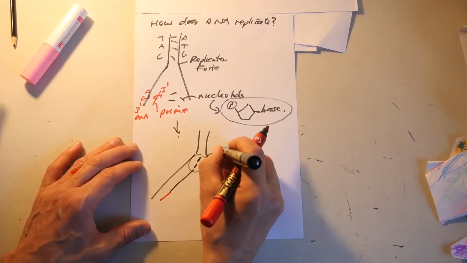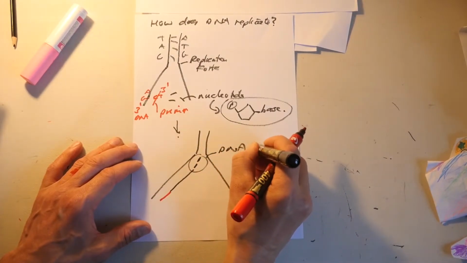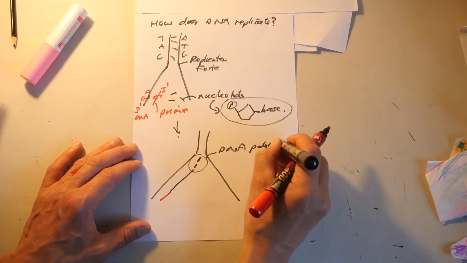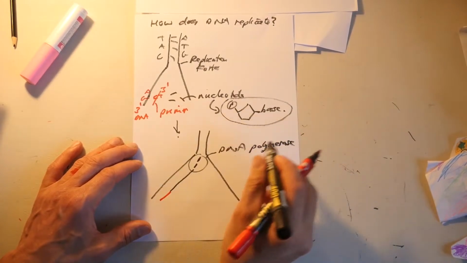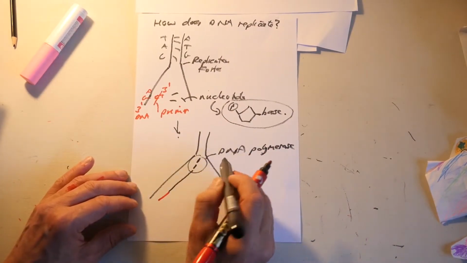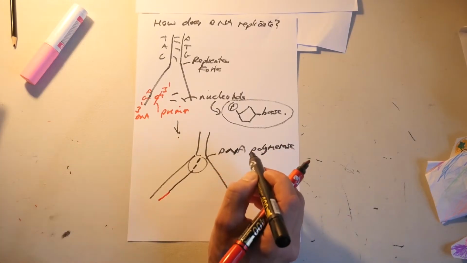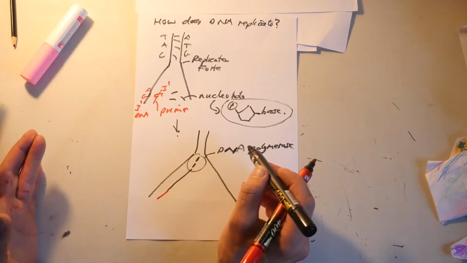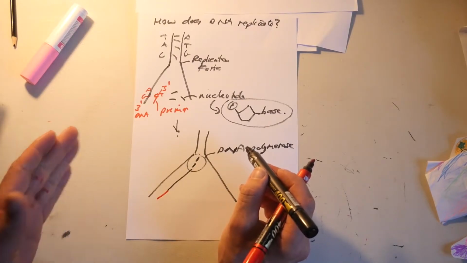So the DNA polymerase is the enzyme. I said enzymes have optimal temperatures and pHs, and they take a substrate and turn it into a product.